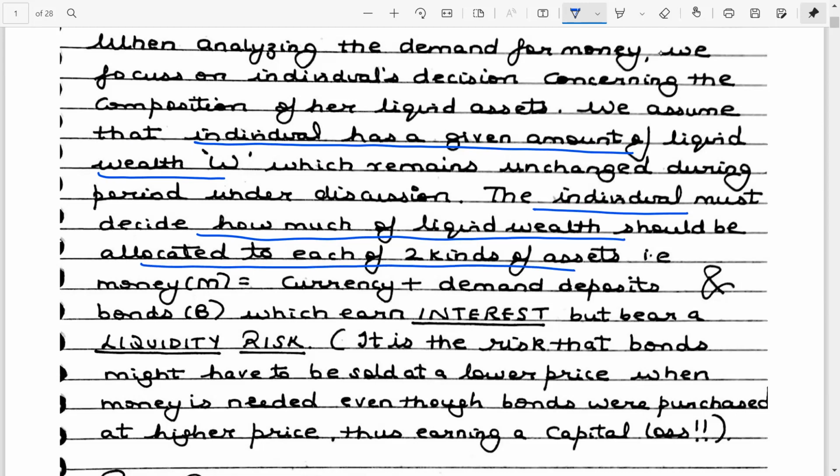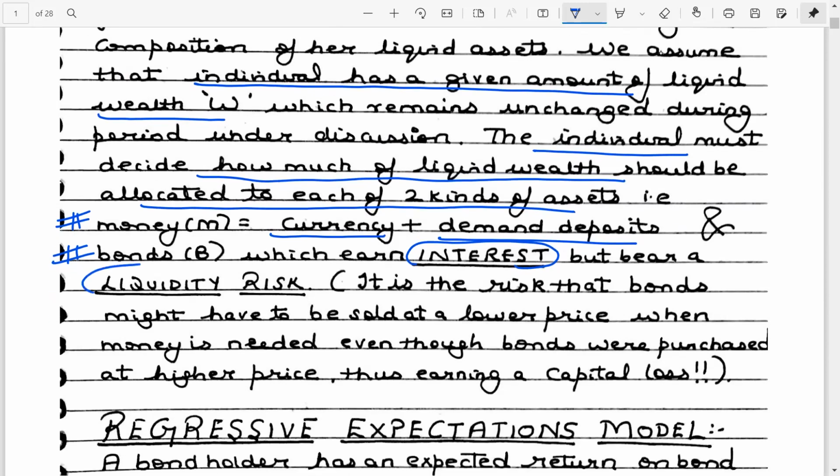So in the last lecture we saw that you can hold your wealth either in the form of money, which is nothing but currency plus demand deposits, or you can also hold your wealth in the form of bonds. The good thing with bonds is that unlike money, bonds are going to give you interest. But the limitation is that bonds bear a liquidity risk.